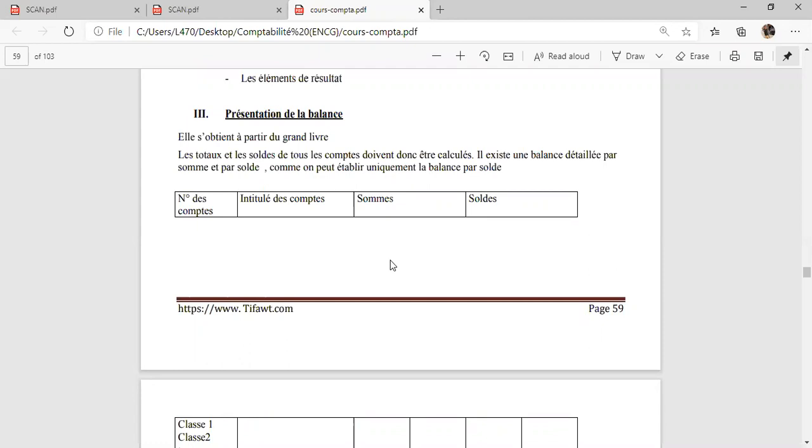So in a situation where we had 5,000 in our cash account last year and we have 10,000 in our cash account, when there's an increment, that is considered as debited.